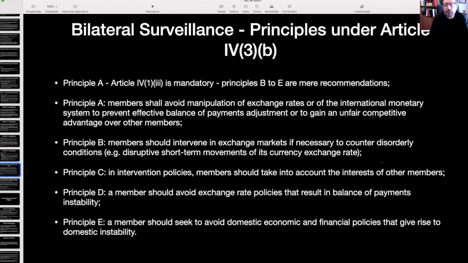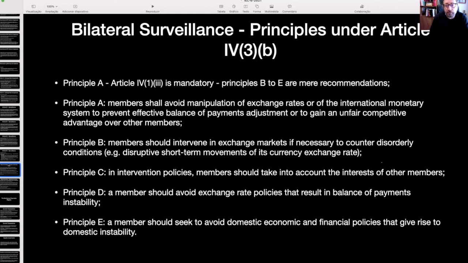That members will intervene if there are very disruptive capital movements, for instance, in order to stabilize the exchange rate. That any policy to intervene must take into account the interests of other members. So it has to take into account the fact that exchange rate policies have an international dimension.